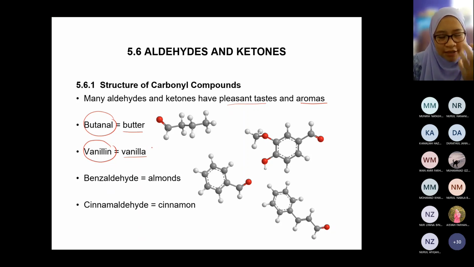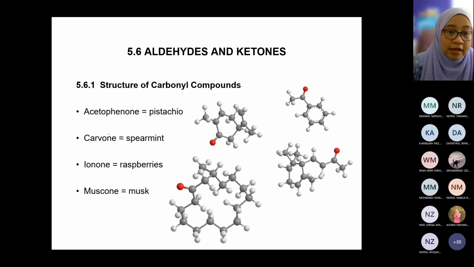Okay, dia punya active compound, dia punya ingredient in the vanilla, dia punya yang cause the scent tu, bau dia tu adalah due to this compound. Okay, in almond we have benzaldehyde, in cinnamon we have this cinnamaldehyde as the compound lah, as the main compound.